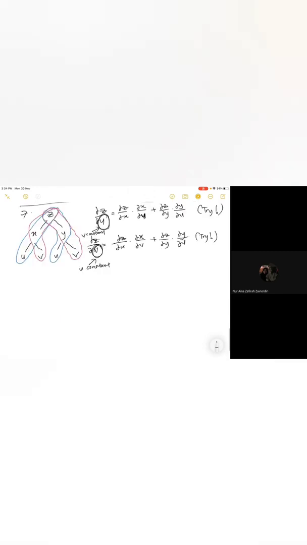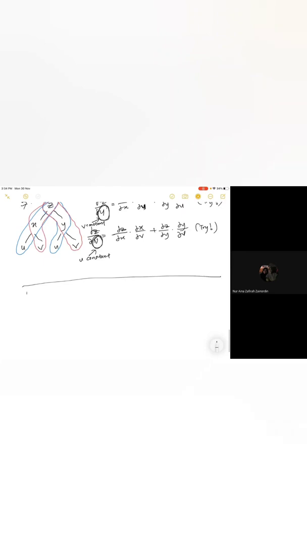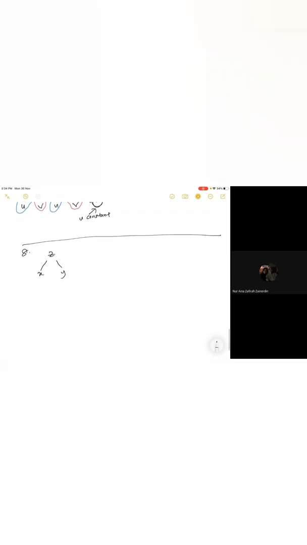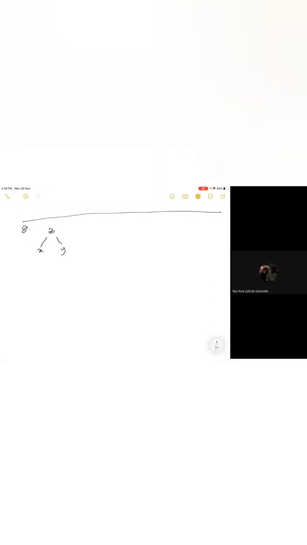Same for number 8, the last question. Use the chain rule to find the values of del z/del r and del z/del theta if... Below z there are x and y. Remember, you only write down the variable, not the function. Not x to the power 2, not exponent of x plus y, but just write the variable. The variables now are x and y. Now in x, you have r and theta. In y also you have r and theta.